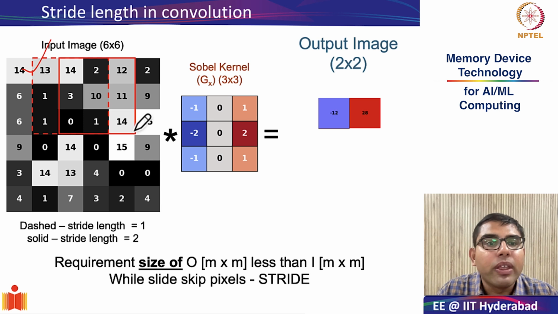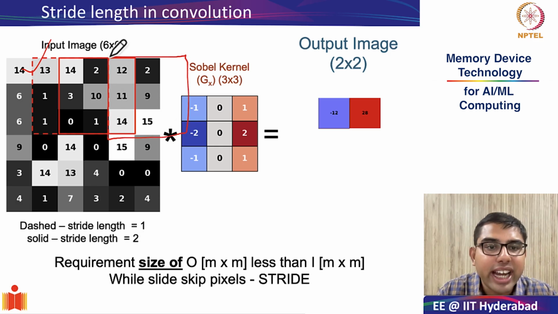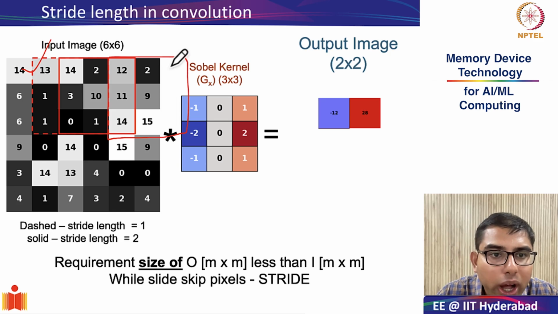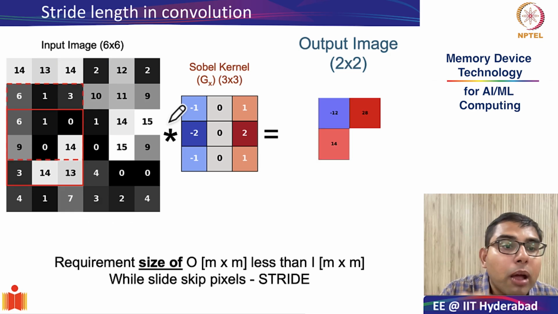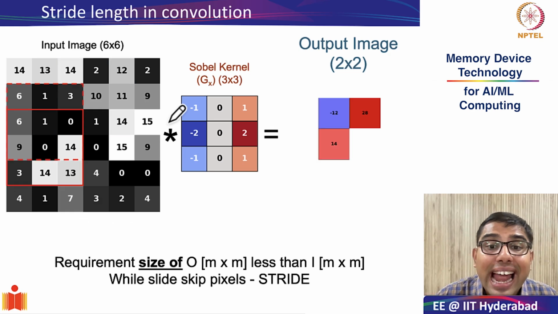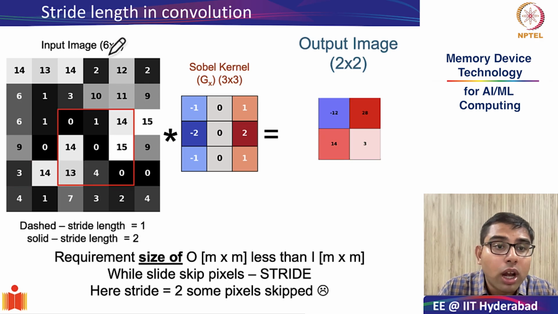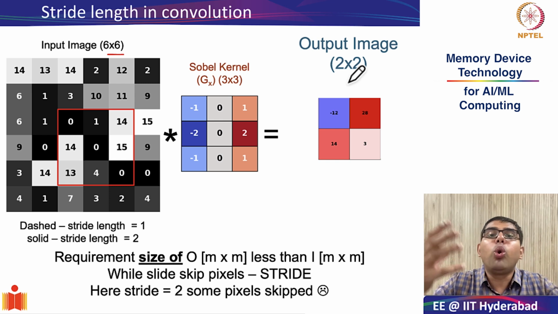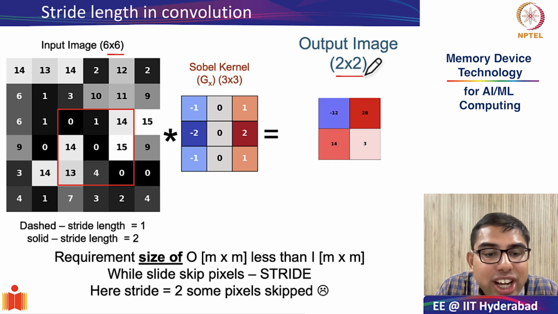When we do the stride with length 2, there is no possibility of having one more slide in the x direction because there are no elements present over here, and as a result only 2 slides are possible both in the x direction and in the y direction. This is how you are able to transform a 6 cross 6 image into a much smaller 2 cross 2 image. So this is called the stride operation.